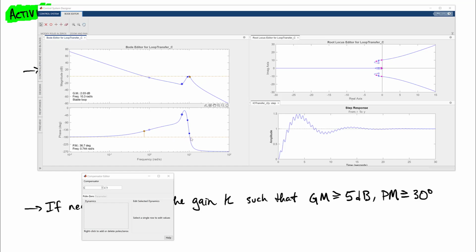And so that crossing is then being traced up to identify our gain margin value. And likewise, wherever this is crossing the 0 dB line, that's coming down here and identifying the frequency where we're measuring our phase.